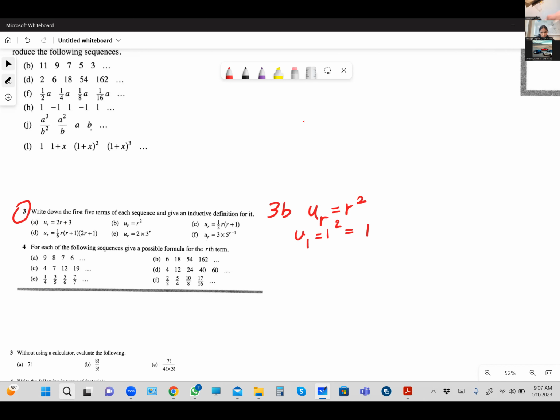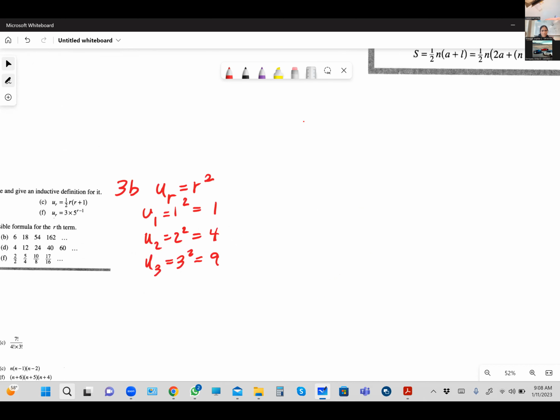And if you put in 2, you have u of 2 equals 2 squared, which equals 4. And then you put 3, u of 3 is 3 squared, which is 9. So for 3B, you would have 1, 4, 9. The next one would be 16, 25, right? Would this be the sequence for this?